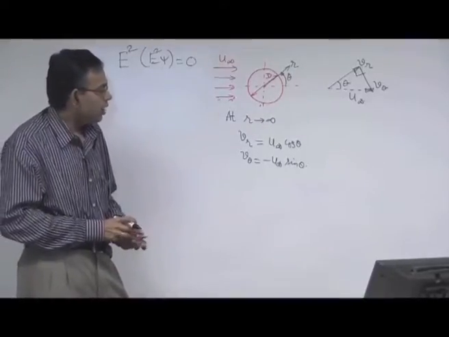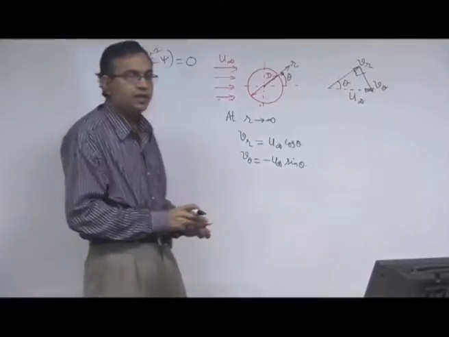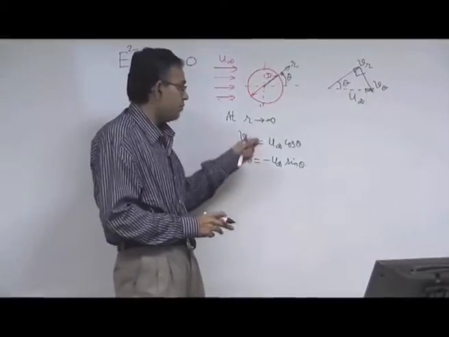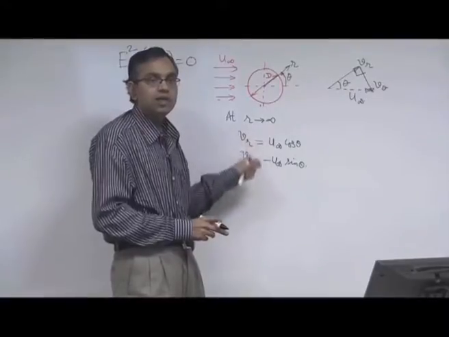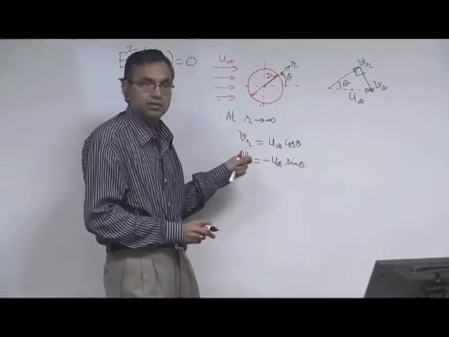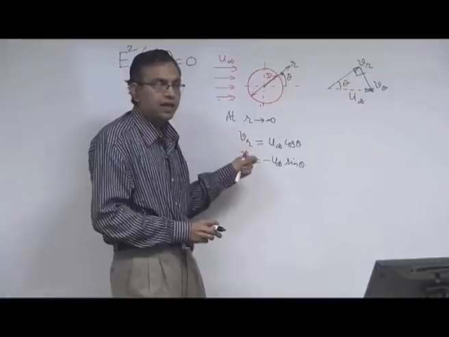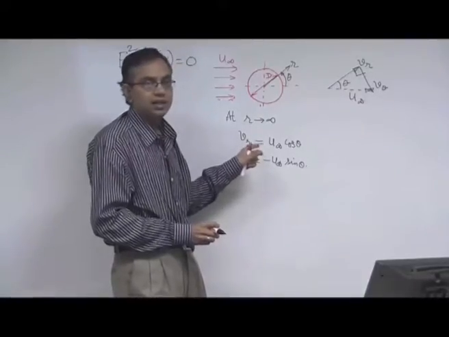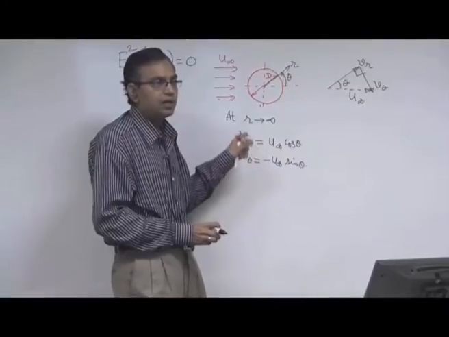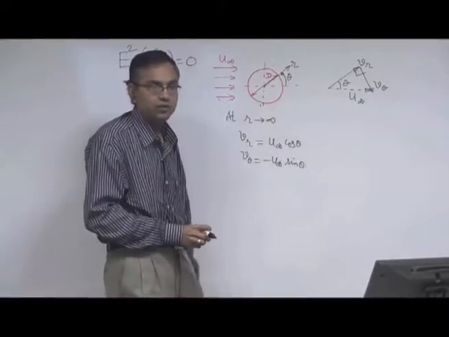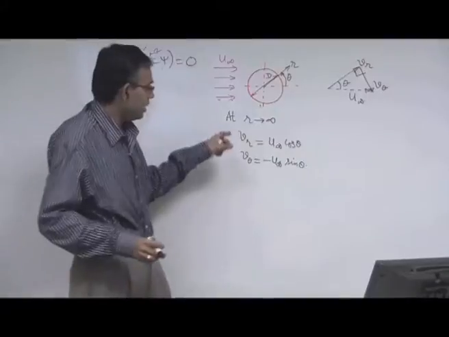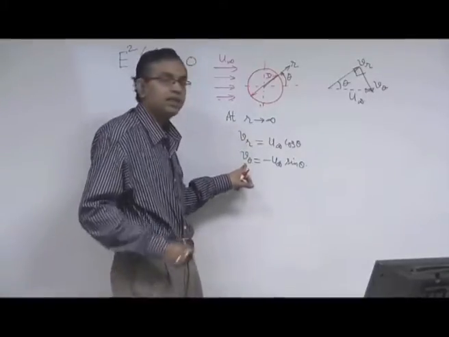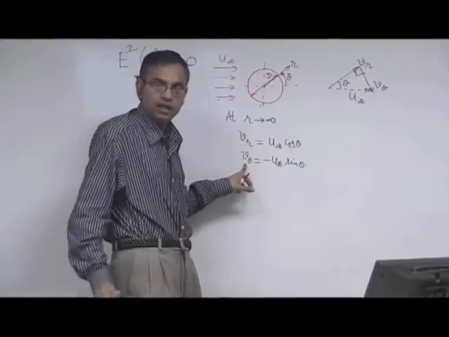Now the next step is we will write this Vr and V theta in terms of the Stokes stream function, and then we will solve for the stream function at r tends to infinity. So, we need to express Vr and V theta in terms of psi.